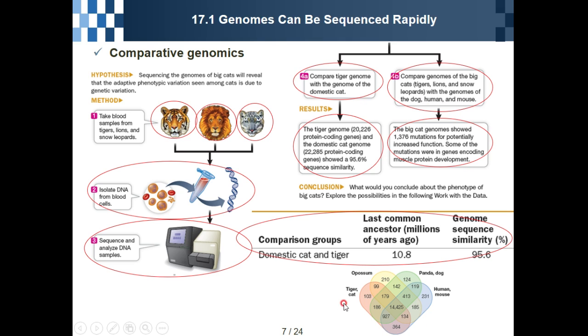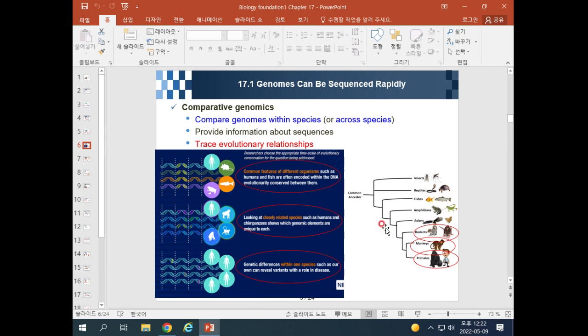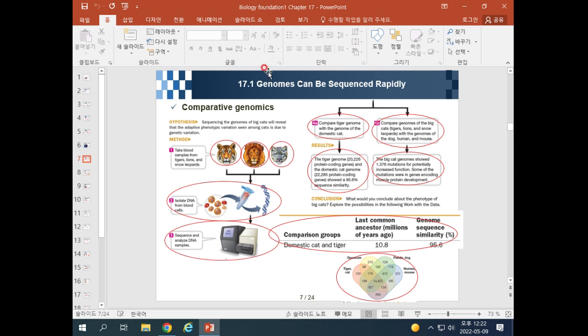So they can make a diagram like this. For example, human and mouse are very close, and tiger and cat are close like this. Based on this information, we can trace the evolutionary relationship. So this is another example of comparative genomics.